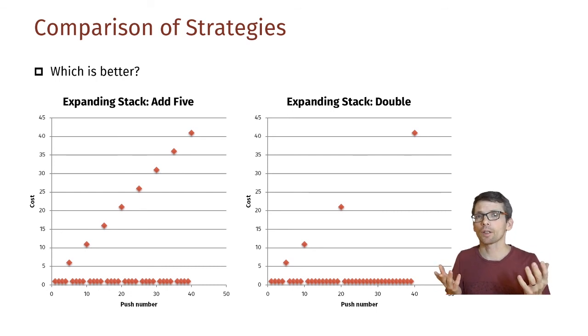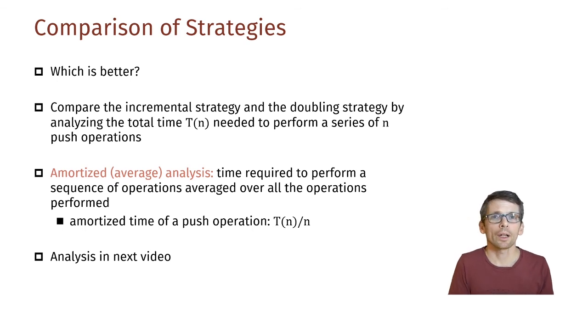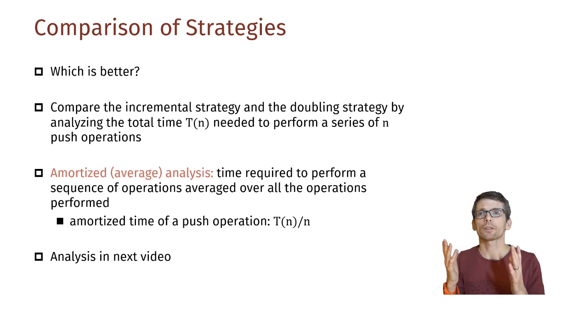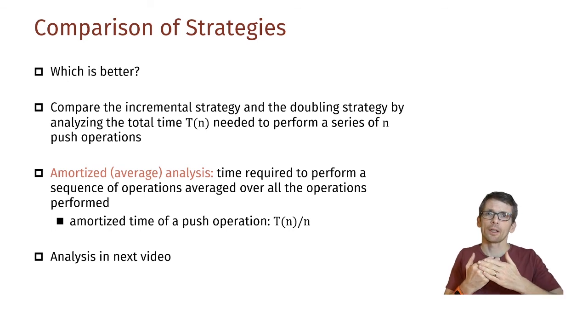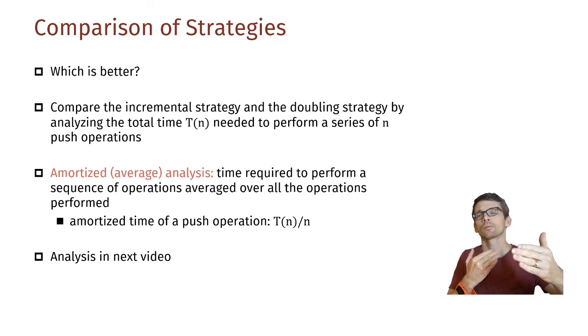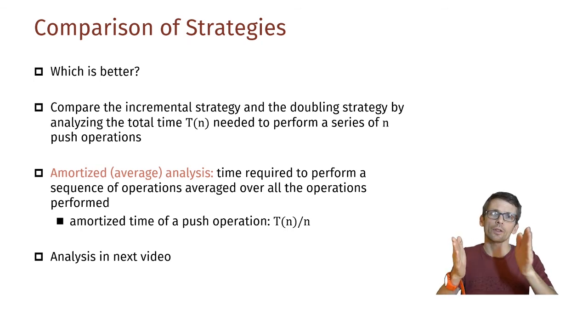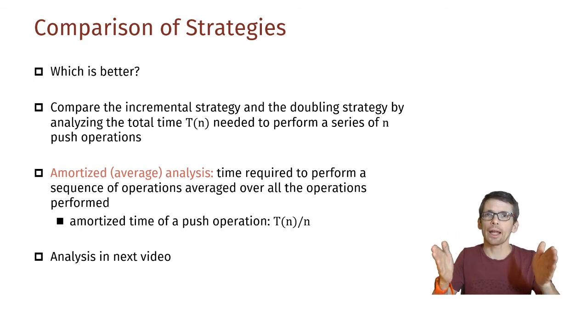And now we have to think about how we analyze this. The type of analysis that we're going to do is called amortized analysis. We want to compare the incremental strategy and the doubling strategy, and looking at one push, so one insertion, doesn't really tell us much. So instead, we're going to look at n insertions. T of n is the running time of pushing n elements.